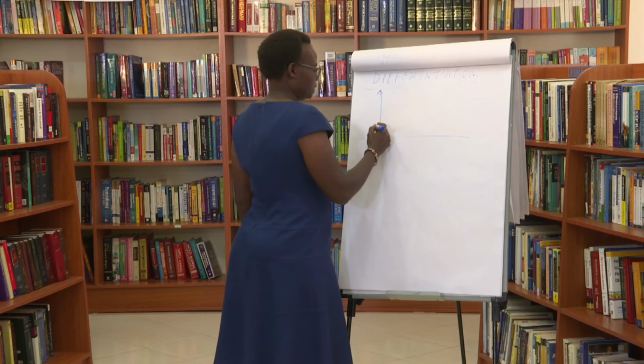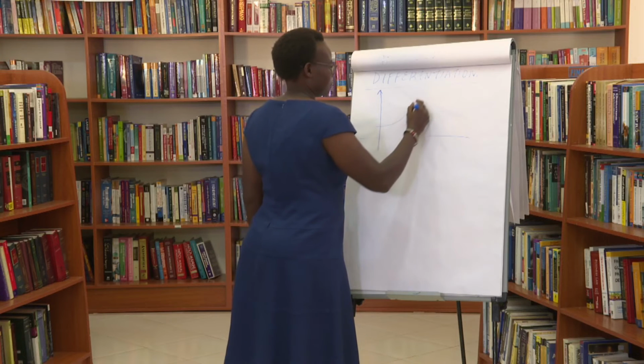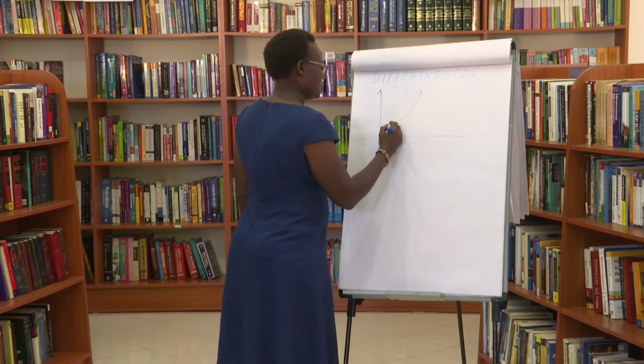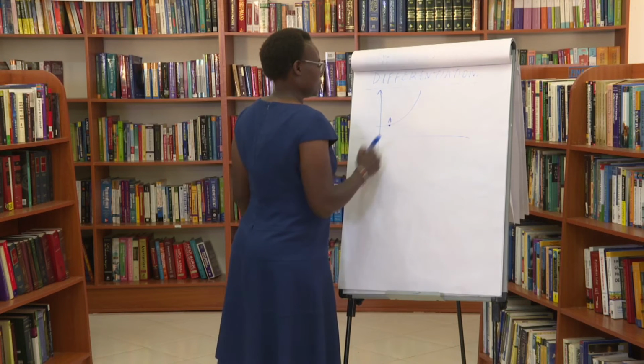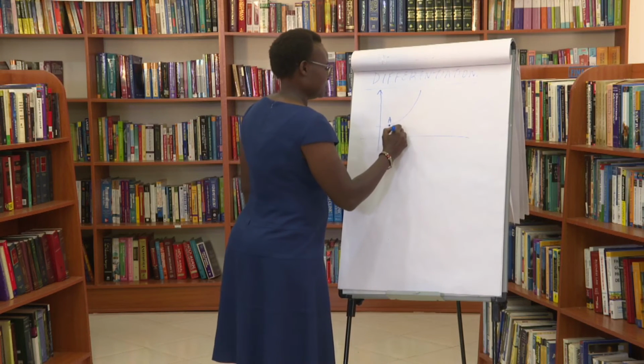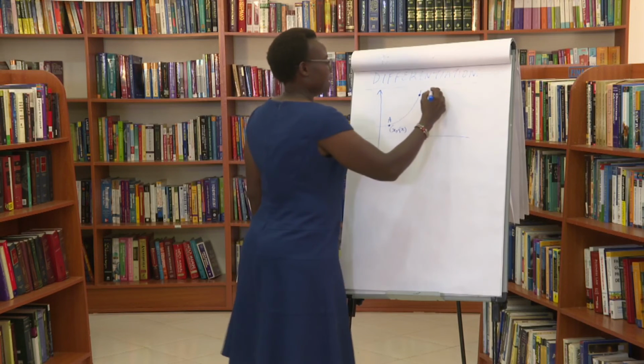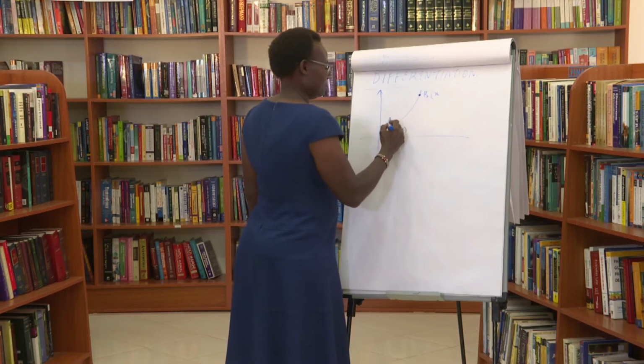So for example, if this is our function, we have our point A here that has coordinates x, f of x, and we have our next point here, our B, that has coordinates x plus change in x.